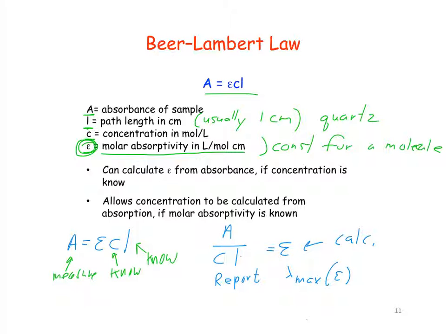So this is more like analytical chemistry. We're going to measure concentrations, how much of this compound is present in your environmental sample or something like that. So in this case, we would calculate concentration from A over epsilon times L.